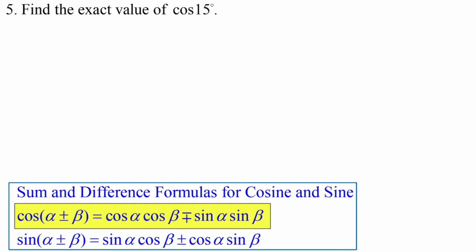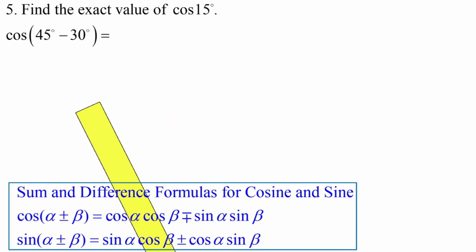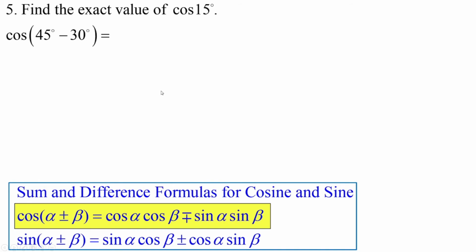And I'm thinking cosine of, now what 2 angles can I add or subtract to get 15? Could I use the 45 and the 30? Yeah. So I'm going to go 45 minus 30. Then I can use this identity right there. So let's go. Cosine of 45 degrees, cosine of 30, and you guys see the minus here. That means I've got a plus right here.